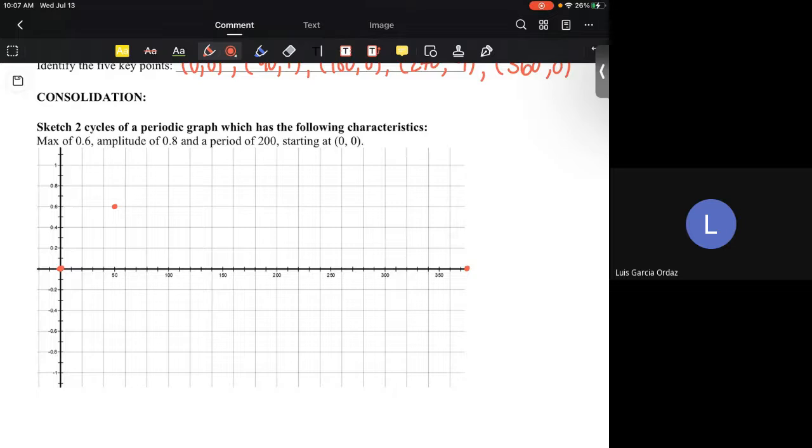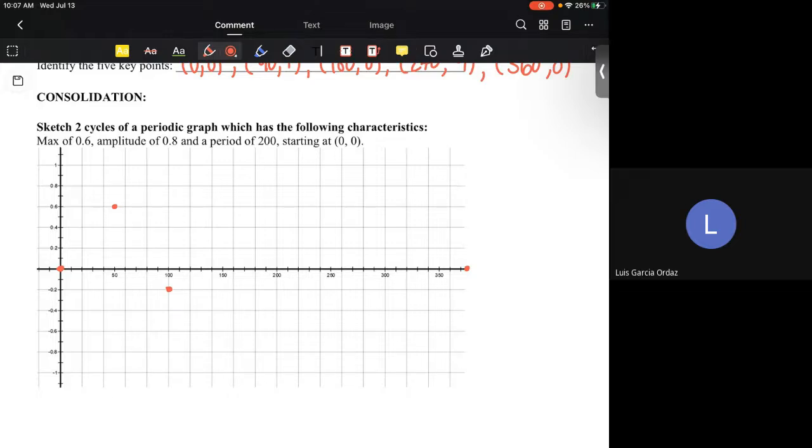Because the amplitude is 0.8, to find my axis of symmetry, I need to take 0.6 and subtract the amplitude of 0.8, which gives me negative 0.2. The next one, to find my minimum, would be negative 0.2 minus 0.8, which means I get -1.